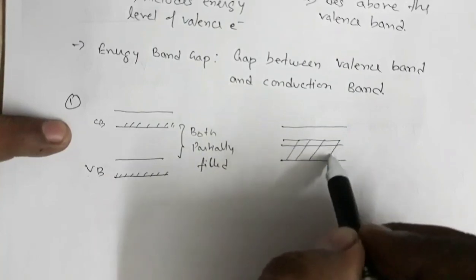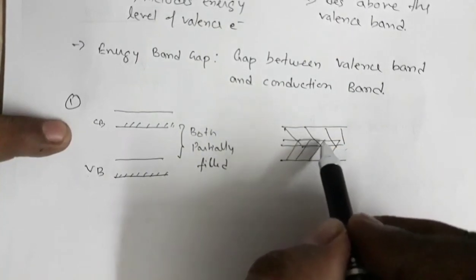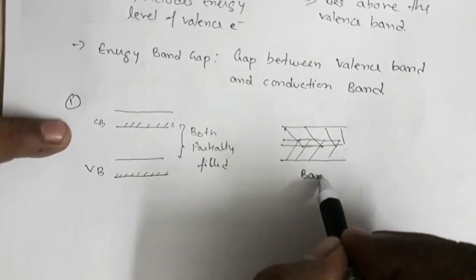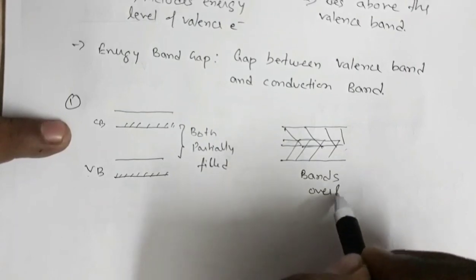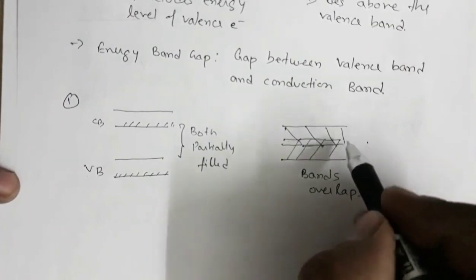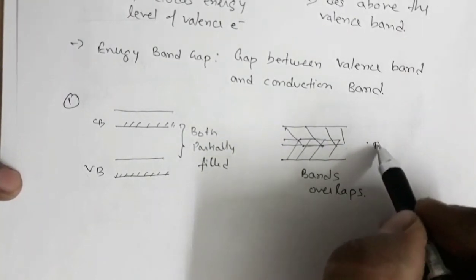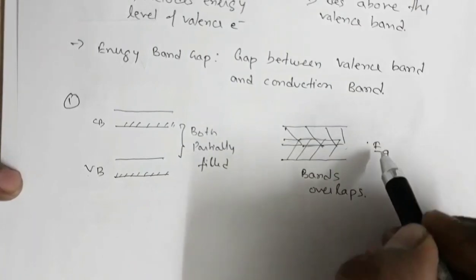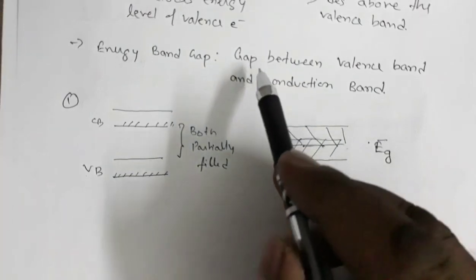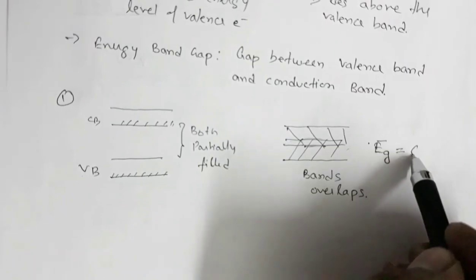Suppose this is one band and this is another band. So this is the overlapping region. The energy band gap, denoted by the symbol Eg, is the gap between valence band and conduction band. Here it overlaps, so the energy band gap is 0.